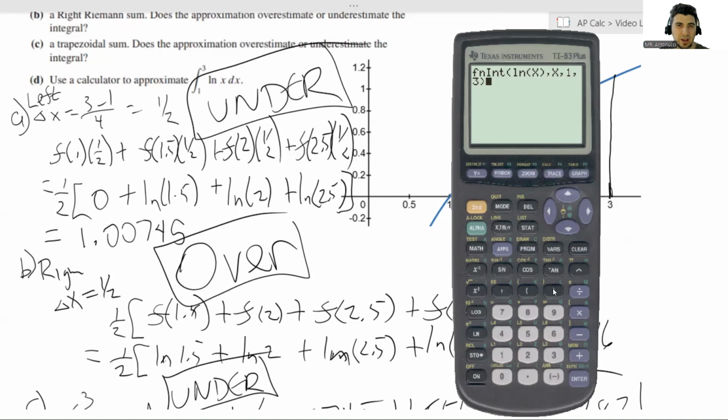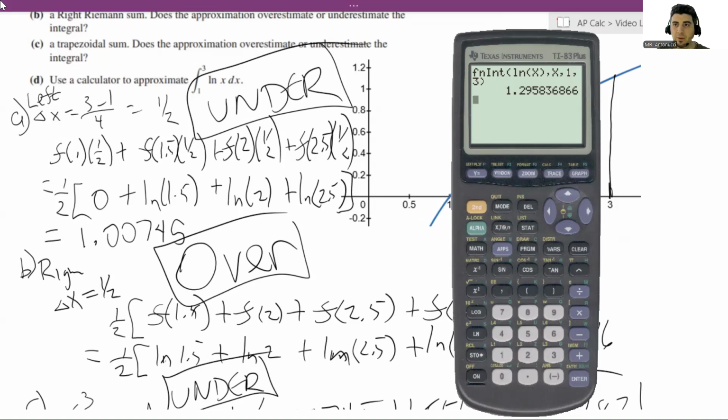If you have a newer calculator, it's probably going to prompt you with the actual integral symbol, and it'll be much easier and more intuitive. So 1.295 there, or 1.296 is the exact answer for that one there.